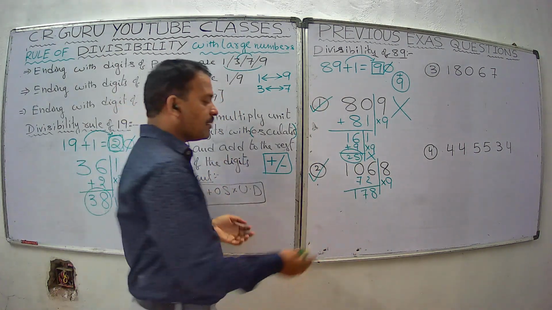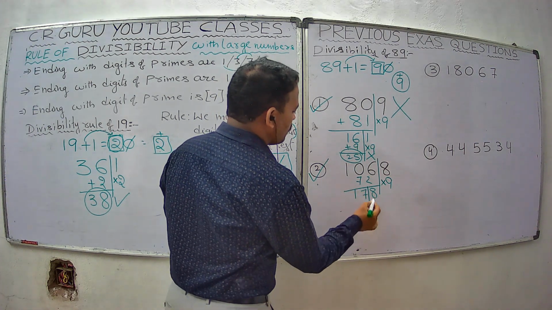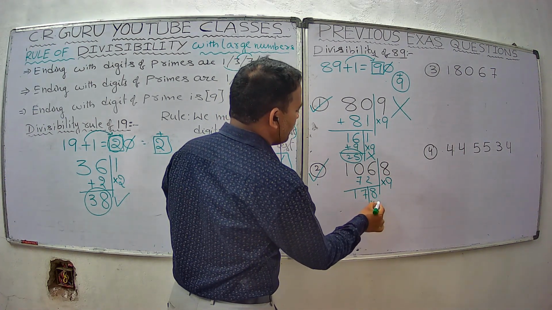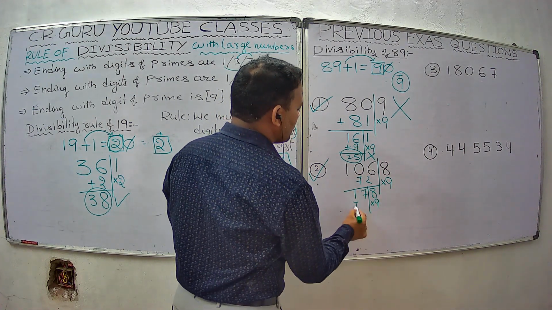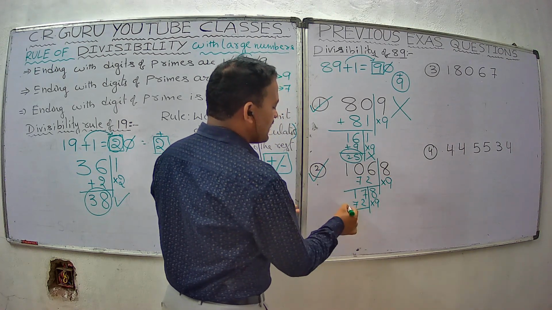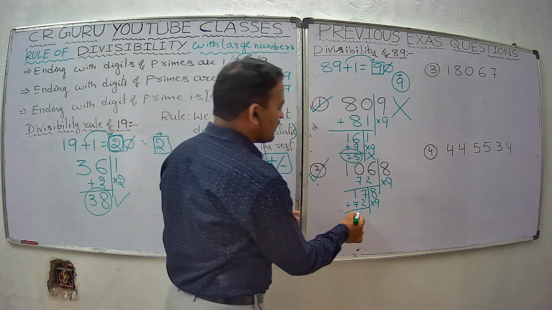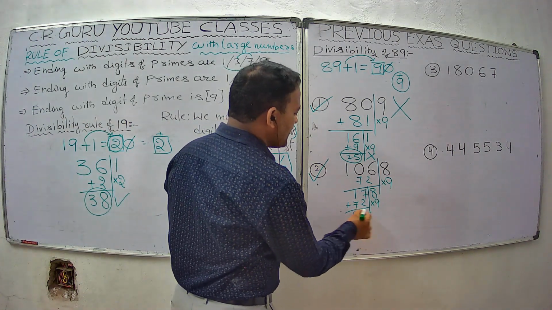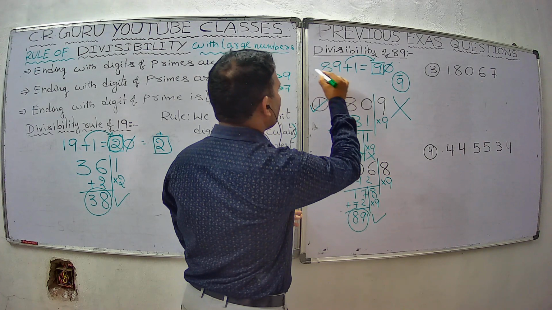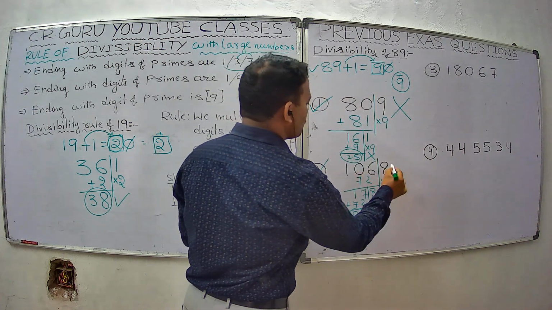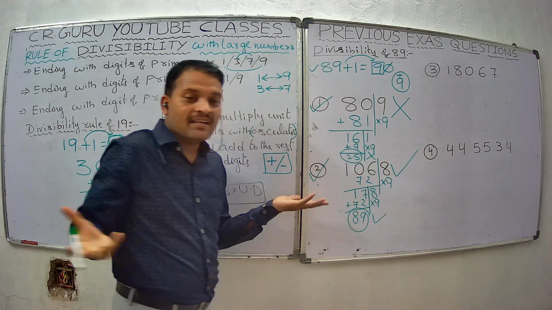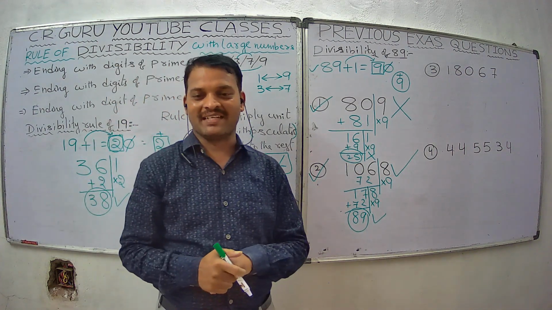So again you apply the same process. Now 8 is multiplied by 9. 8 nines are 72. Again adding with the rest of the digits, now you will get 89. So 89 is divisible by 89. Then 1068 is divisible by 89. So this is the process, my dear friends.